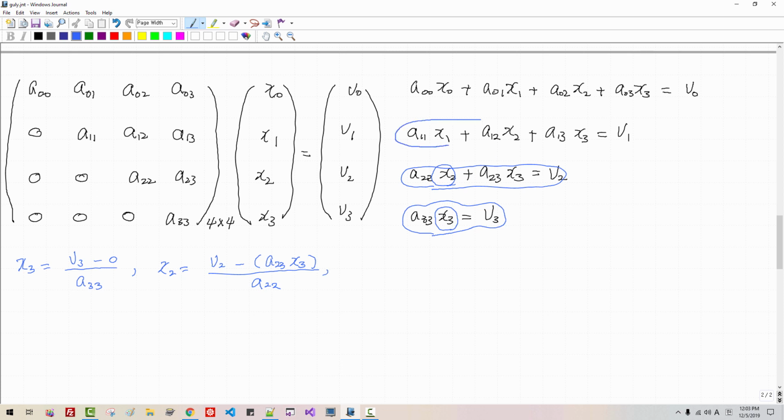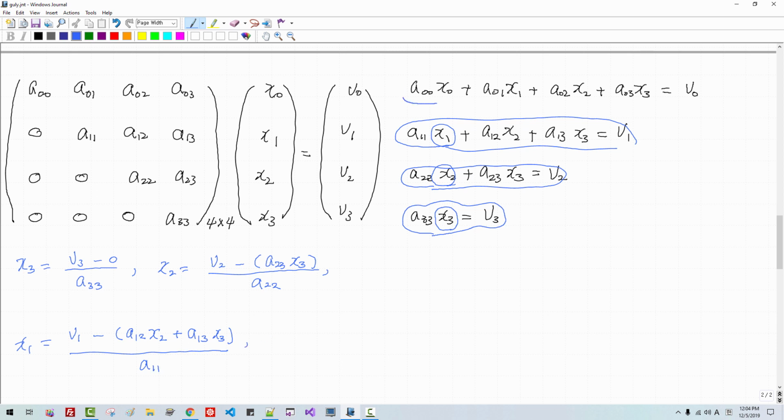If we solve this equation for x1, x1 equals b1 minus a12 x2 plus a13 x3 over a11.